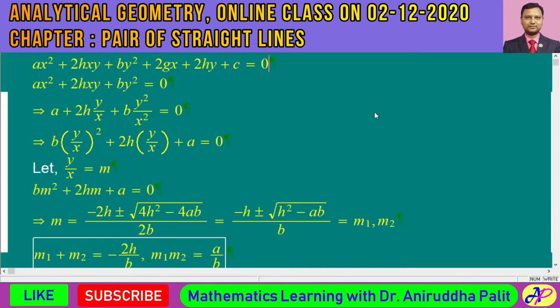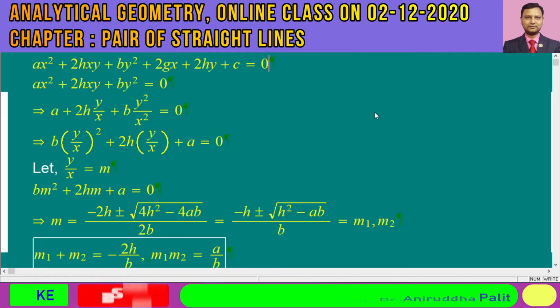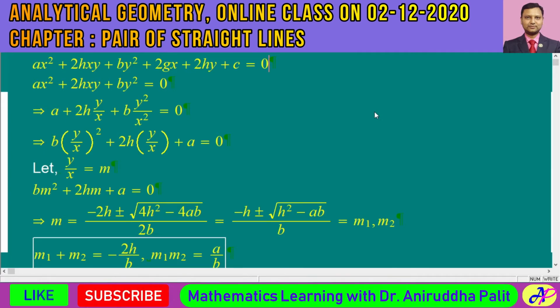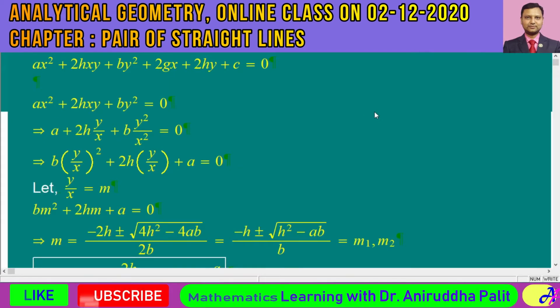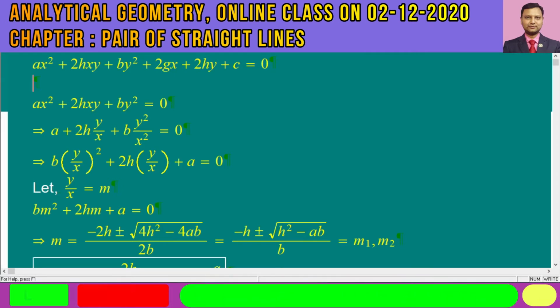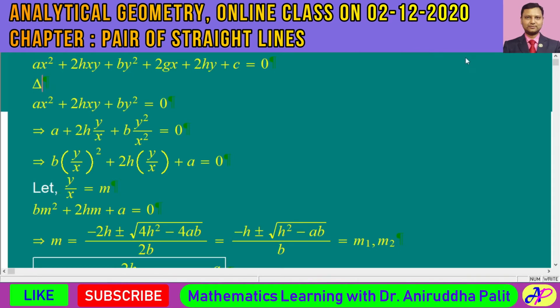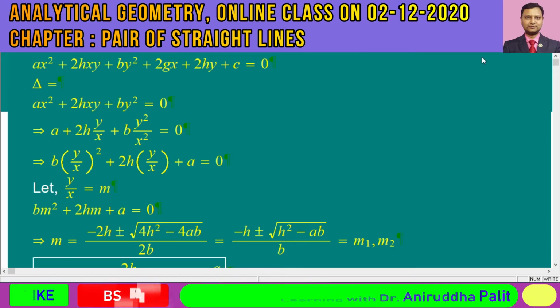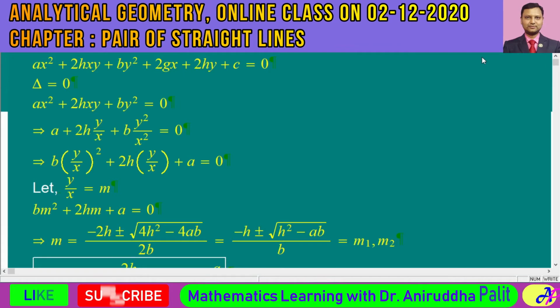I told you in the last class that this kind of expression represents a pair of straight lines provided the determinant delta is equal to 0. That was a result.